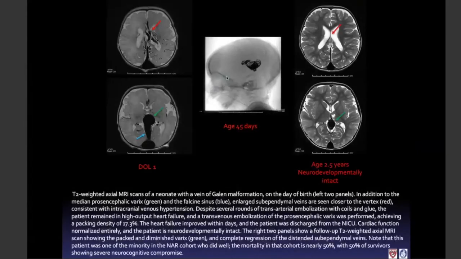Now, as I showed you on the images before, that's not to say that coiling the varix is never done.